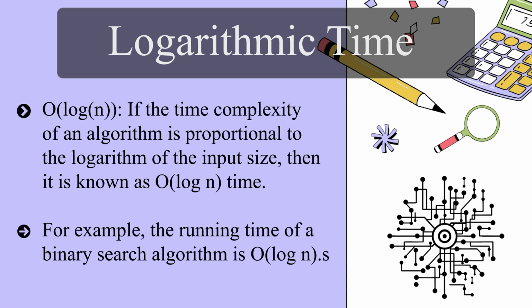For example, the running time of a binary search algorithm is order log n. How does it work? For example, in binary search, suppose you have 100 elements. What will you do? You will compare with the middle value only, so you are dividing the complete search space into 2.